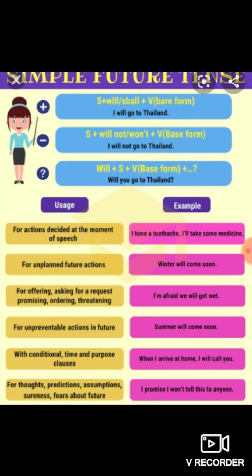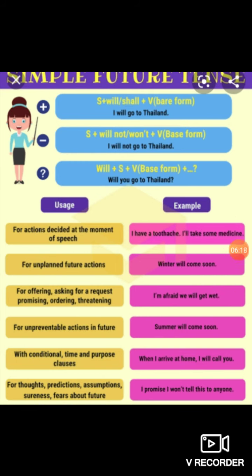Second one is in conditional sentences. Third one is in case you want to show promise, threat, order, command, with I and we, will is used, and with the rest of the pronouns, shall is used. Only in that situation. I suppose simple future tense is clear.